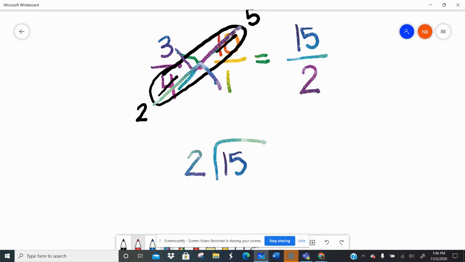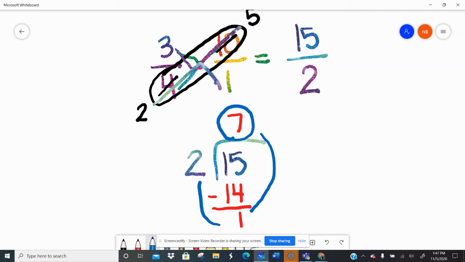Top goes on the inside, bottom goes on the outside. 2 goes into 15 7 times. 2 times 7 is 14. And then 15 minus 14 is 1. So whole number, numerator, denominator.